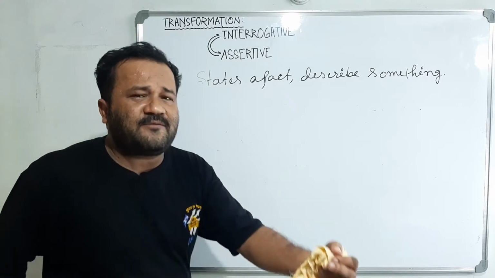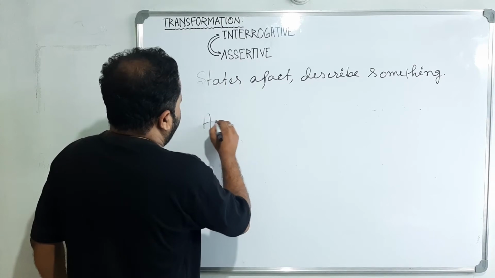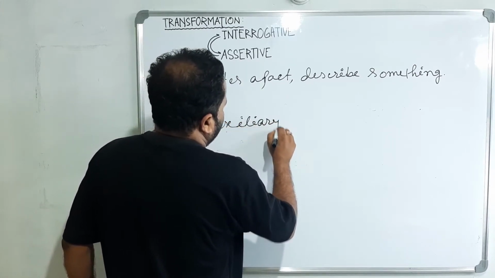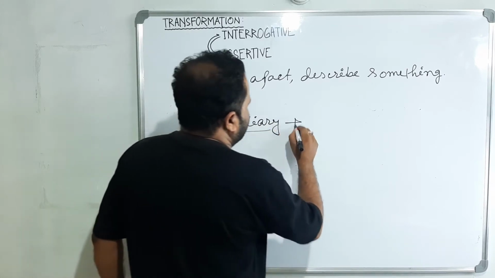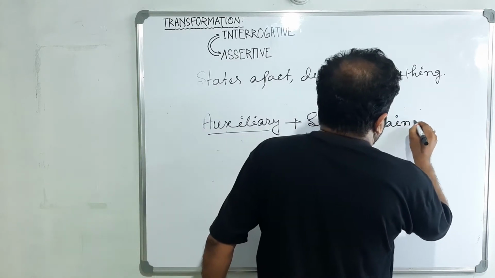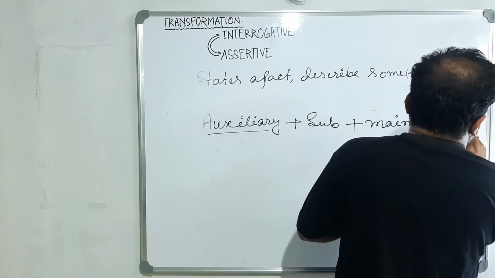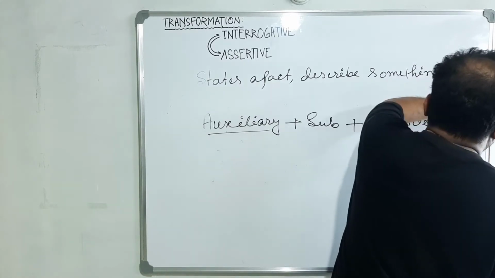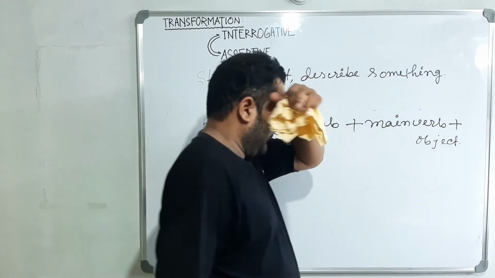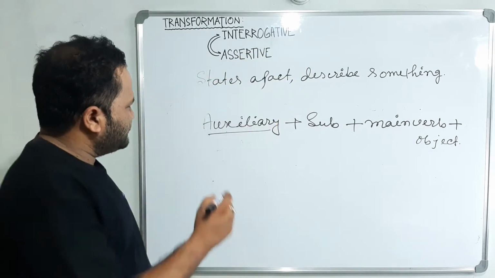Okay. Now what is the form of the interrogative sentence? Okay, the form: first put the auxiliary verb, then the subject, then the main verb, and then if there is an object. Okay. So this is the form of the interrogative sentence.